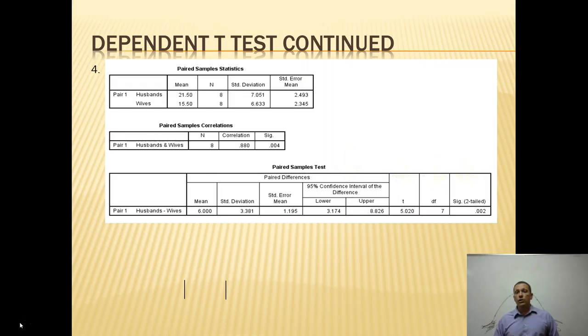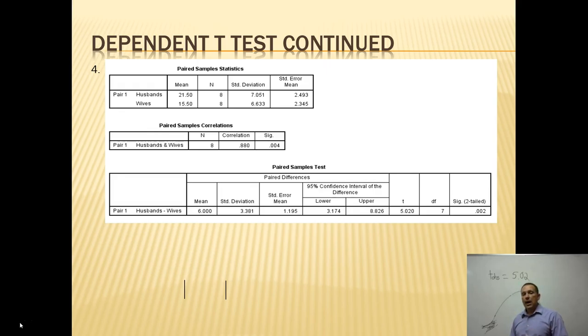So let's go over to the t-value. What is our observed t-value for this particular sample? We have a t-observed that equals what? What is the actual value? It is 5.02. Okay, that is our t-observed value. We know it has 7 degrees of freedom, which we've already discussed.